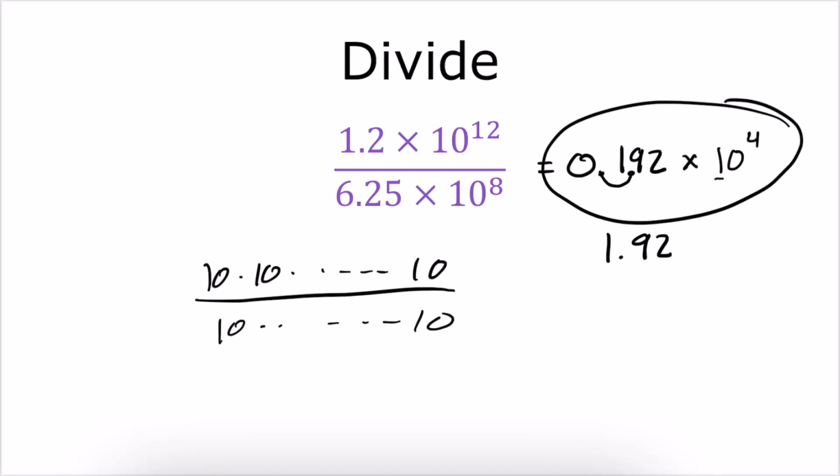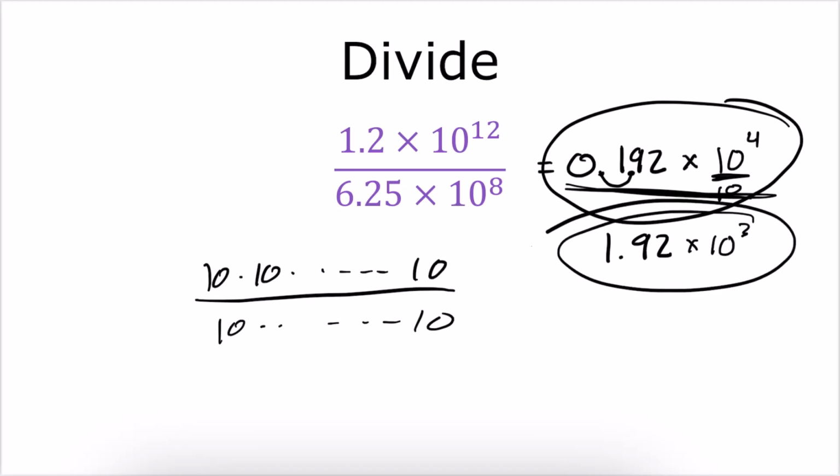So I'm going to divide the other part by 10 to keep the entire number balanced. I multiply the first number by 10 and divide the second one by 10 so that I keep it equivalent. So 1.92 times 10 to the 3rd is equivalent to the number I got here, and this is in scientific notation because there's one digit before the decimal point.